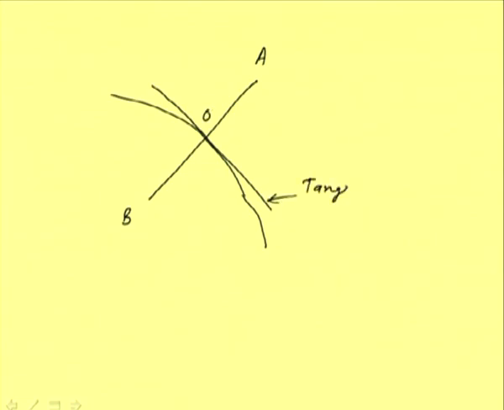So let us say this is the elastic line of the shaft, this is the line AB, and this is the tangent at the elastic line at O. This is the tangent, this is the elastic line of the shaft.